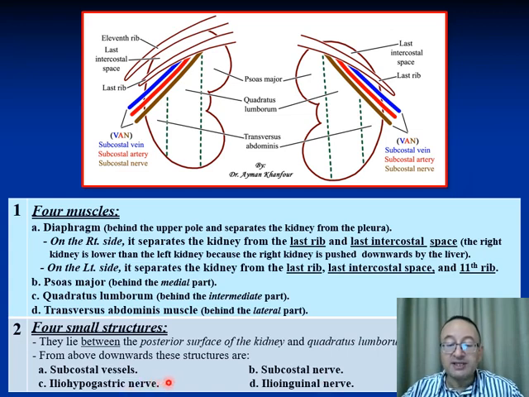One of them is called iliohypogastric nerve, and the last one is ilioinguinal nerve. Iliohypogastric and ilioinguinal. Any other names of nerves are not reaching the back of the kidney and not included.